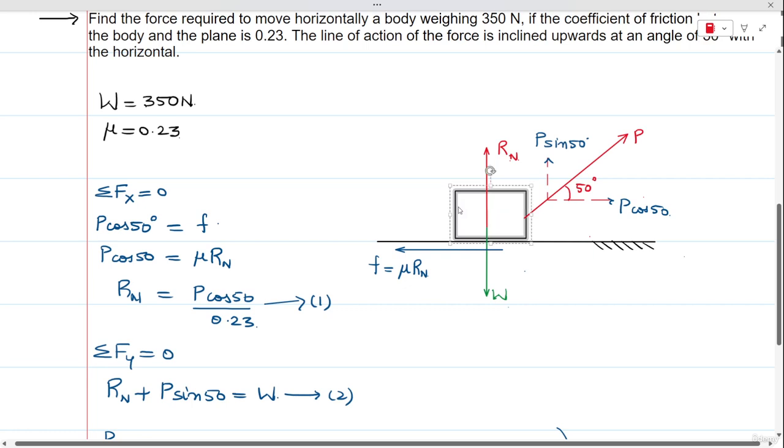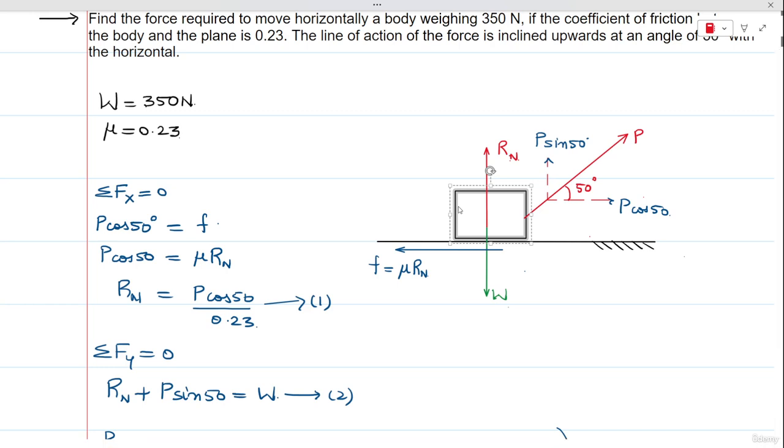Here we can maintain the contact and we need to move the body. So when you maintain the contact, the body cannot move in the y direction. When there is no motion in the y direction, it is going to induce a reaction force in the y direction. In the same way, there will be another force, that is the friction force, accompanying it.